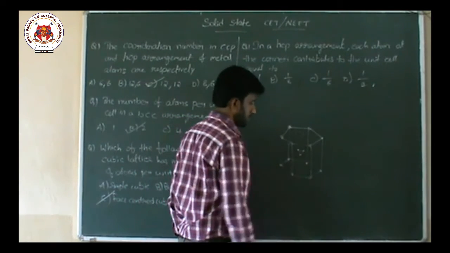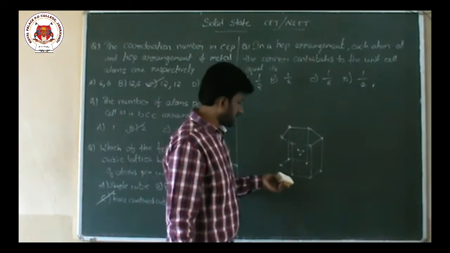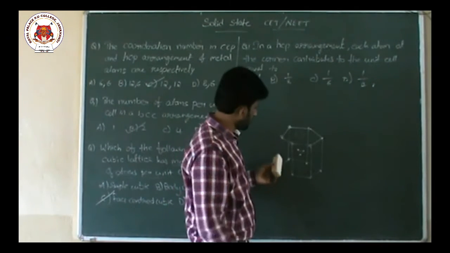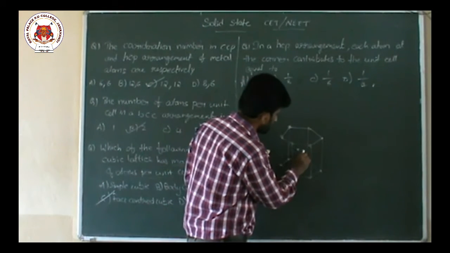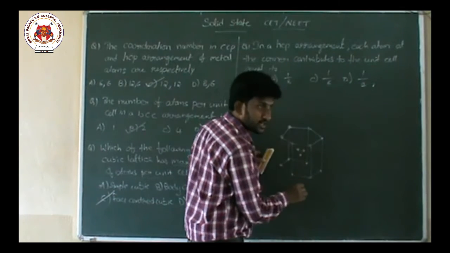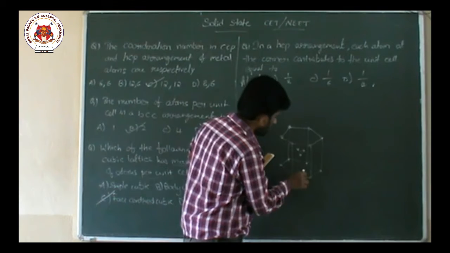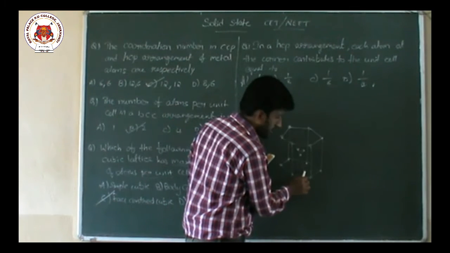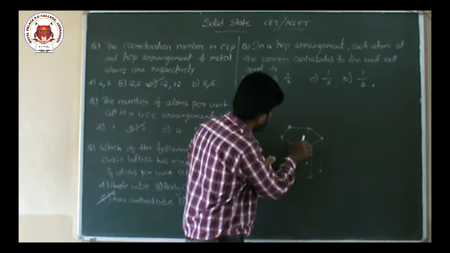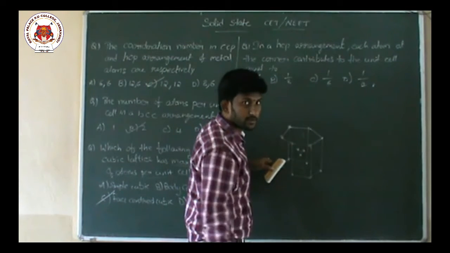First 6 atoms we assume. In between those, 3 atoms will be there in the next layer. On the next layer again 6 atoms, and on this 6 atoms, one atom at the center of the face, and on the other also one atom at the center of the face.